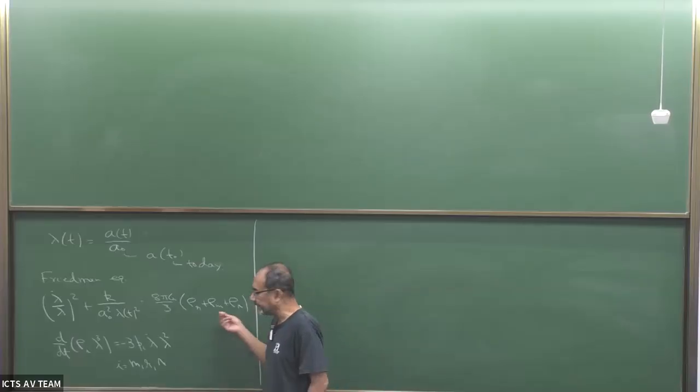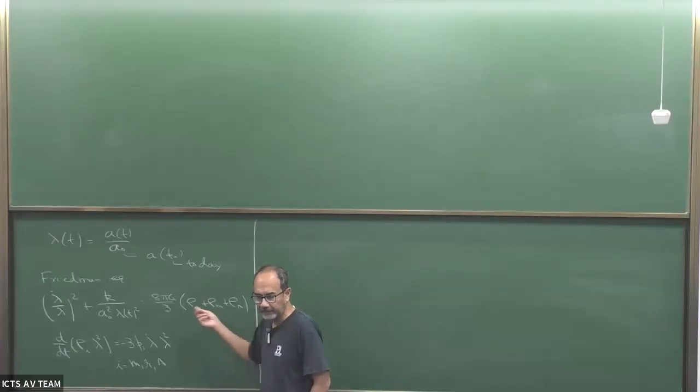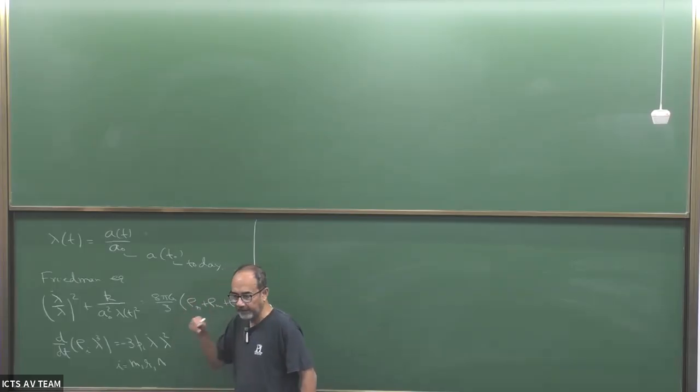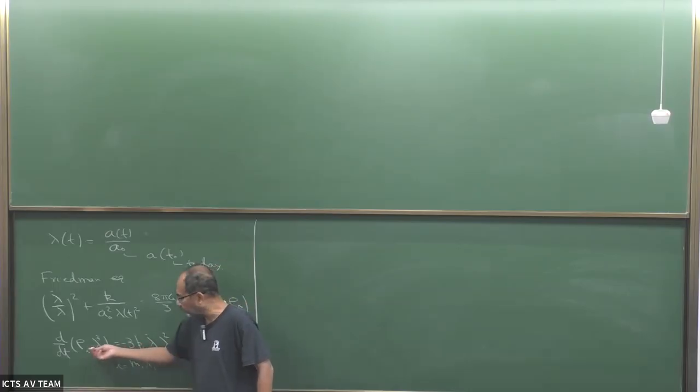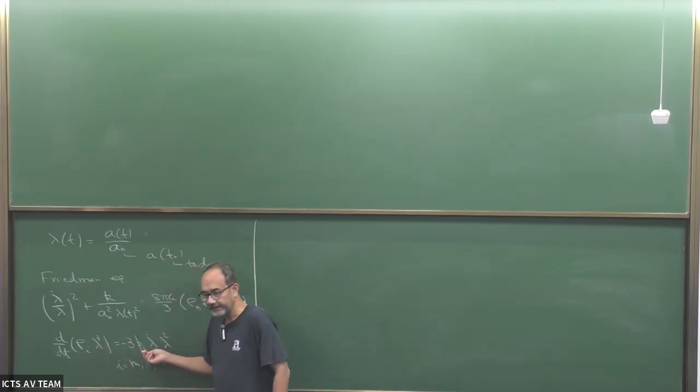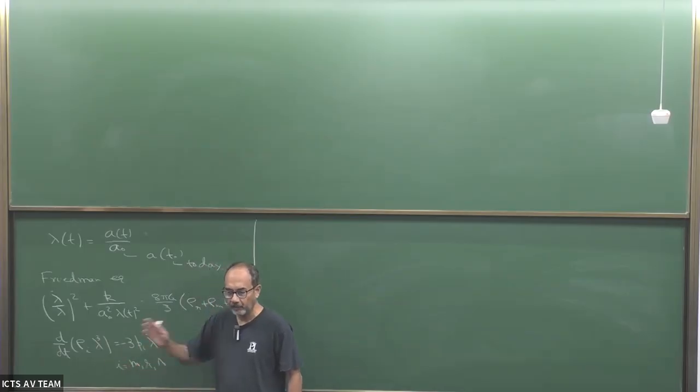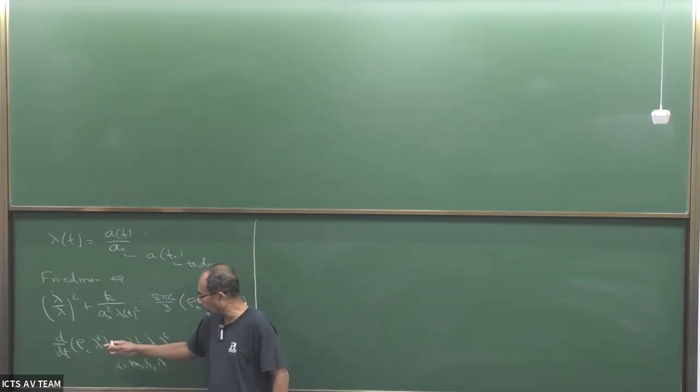Well, this you can still write, even if these are time dependent: at any given instant of time, it's a sum of these. But this decoupling of matter and radiation is the basis of this equation. Otherwise, you will have here the total rho and total p. The fact is that you are demanding that this equation holds separately for matter and radiation. For the cosmological constant, it will be automatic.